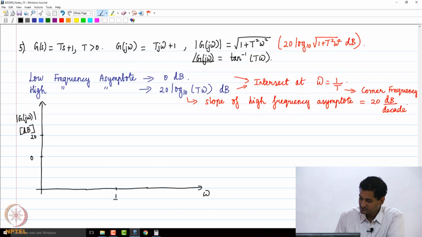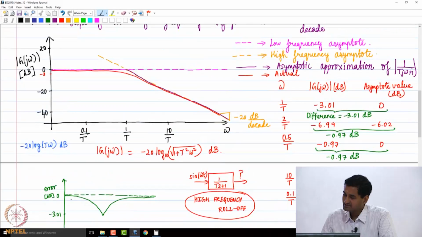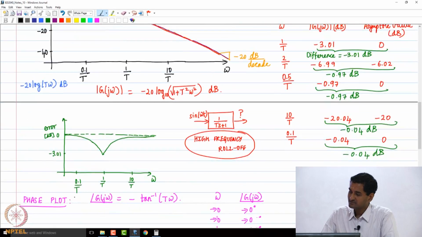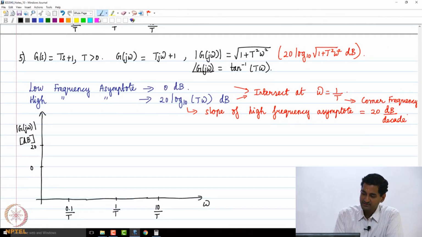Let's say this is 1 by capital T, 10 by capital T and 0.1 by capital T. Let me use the same colors as before so that we are consistent. I used pink for low frequency, yellow for high frequency. So let's say I use pink for the low frequency asymptote. The legend remains the same as before.